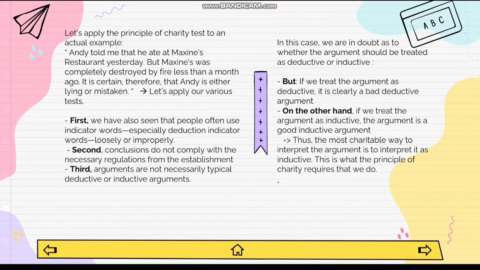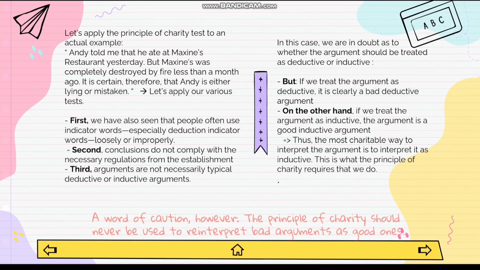On the other hand, if we treat the argument as inductive, it is a good inductive argument because the premise, if true, does make the conclusion likely. Thus, the more charitable way to interpret the argument is to interpret it as inductive. This is what the principle of charity requires that we do.